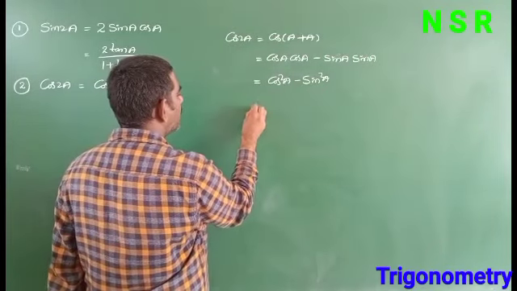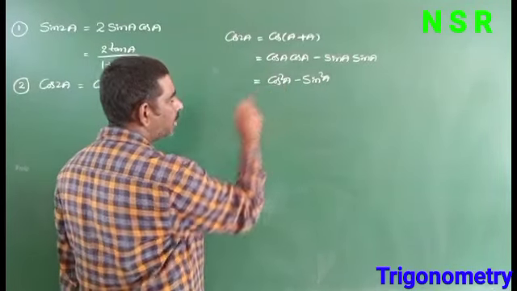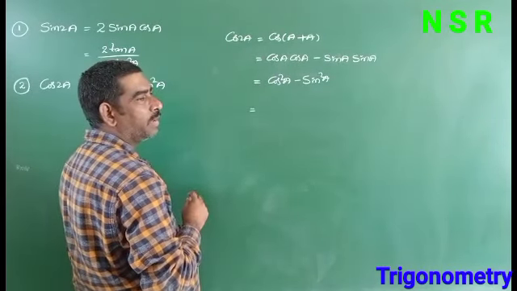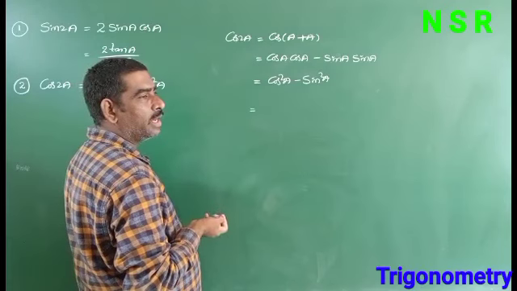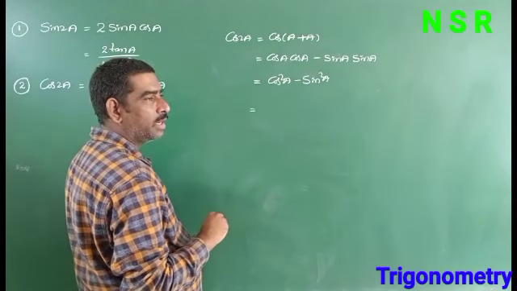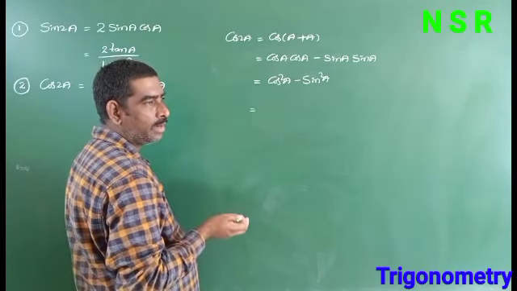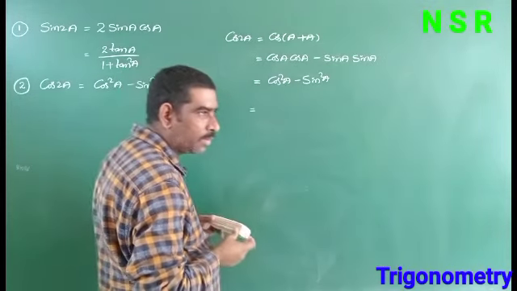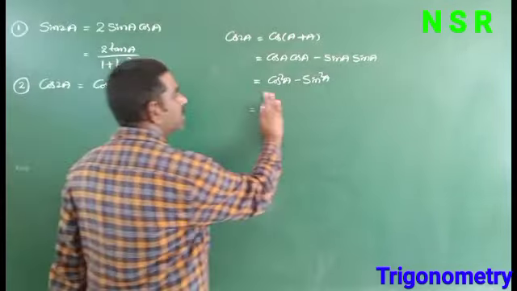So in place of cos square a, write 1 minus sin square a. So cos square theta equal to 1 minus sin square theta. This is the formula we get from the unity formula, sin square theta plus cos square theta equal to 1. This one we already discussed in the first session.